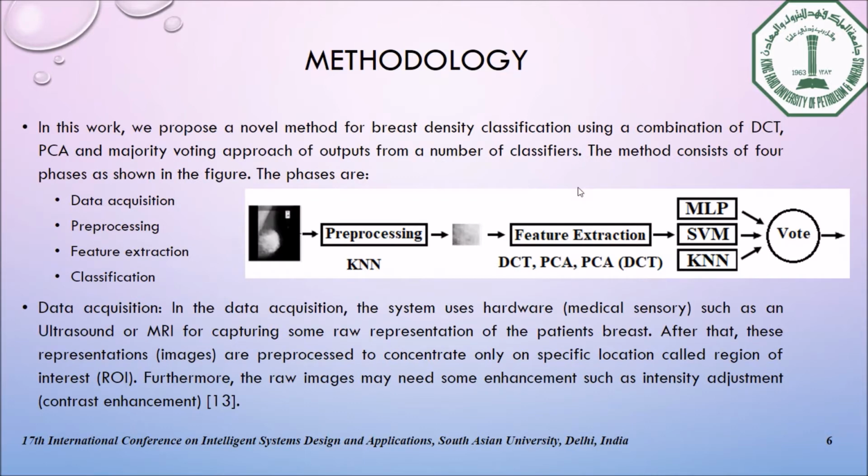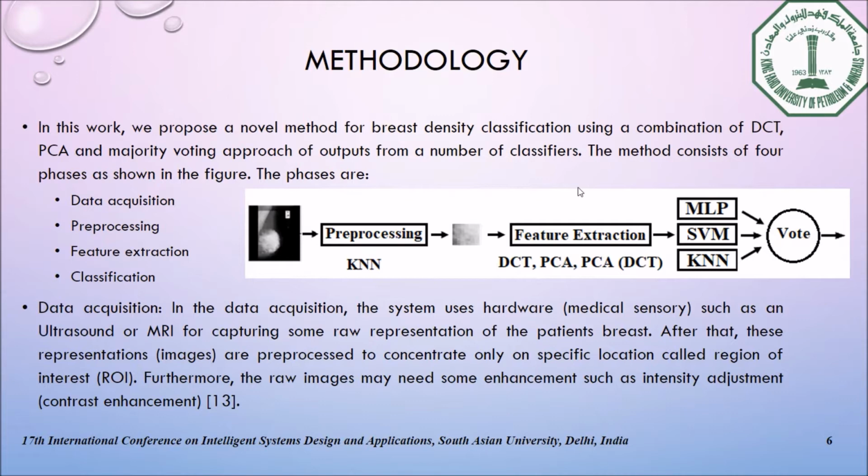In our proposed work, we have used the combination of DCT and PCA to extract the important features from the breast images, and fed these extracted features into different well-known classifiers to classify the type. The method consists of 4 phases, as you can see in the figure. The phases are data acquisition, pre-processing, feature extraction, and classification.